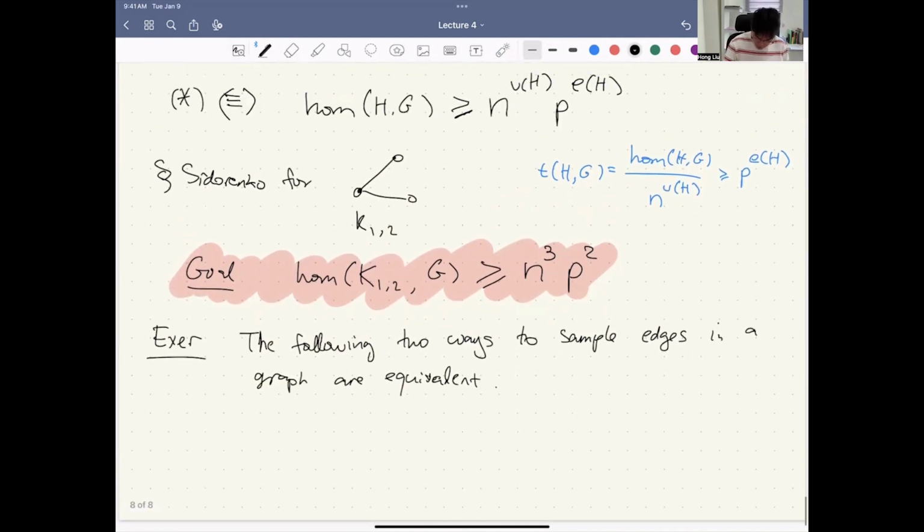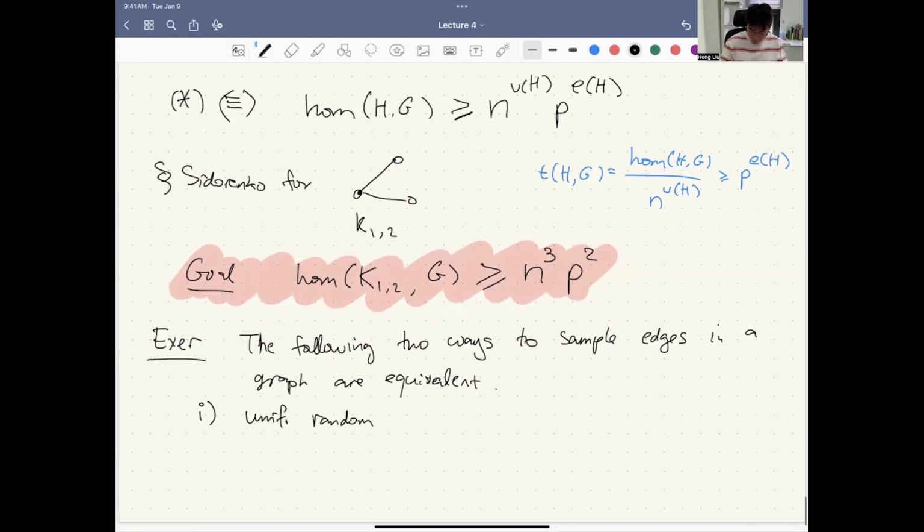The first way is you uniformly at random sample a labeled edge xy in G.